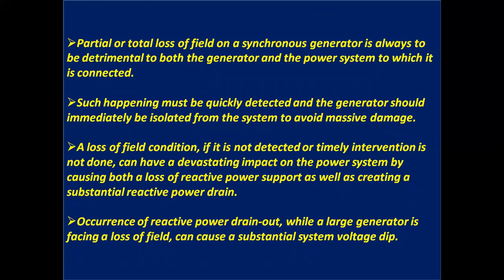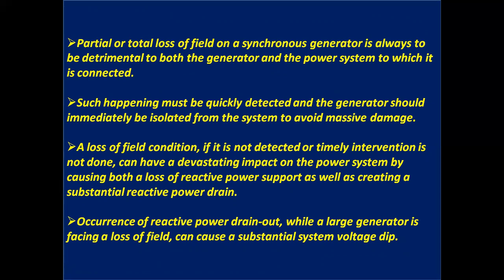Partial or total loss of field on a synchronous generator is always detrimental to both the generator and the power system to which it is connected. Such an occurrence must be quickly detected, and the generator should immediately be isolated from the system to avoid massive damage.